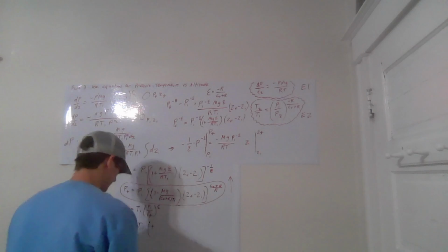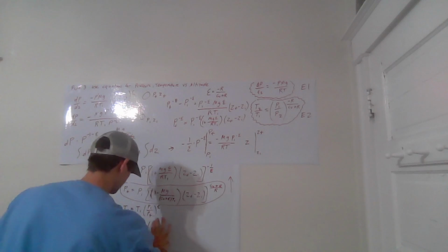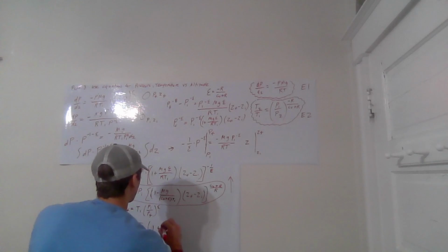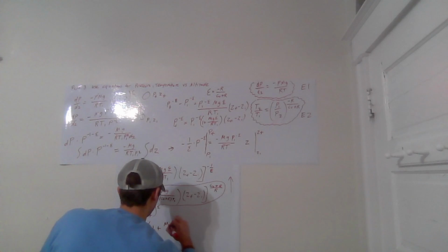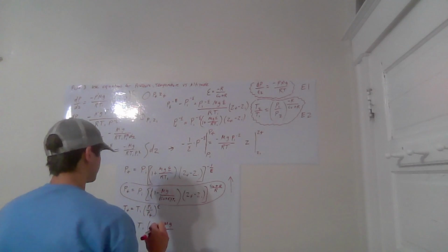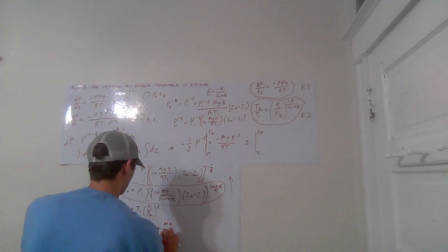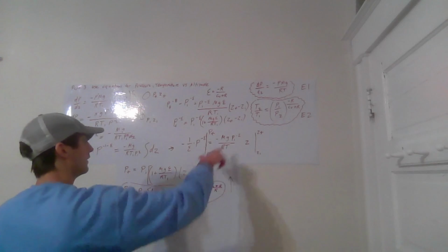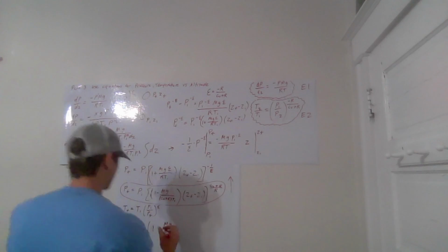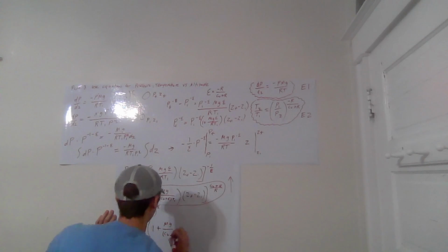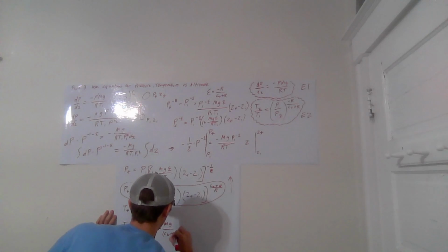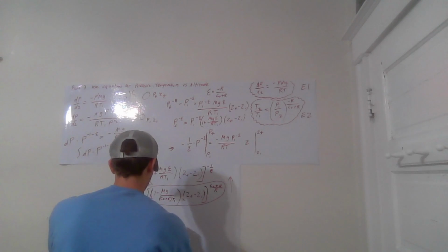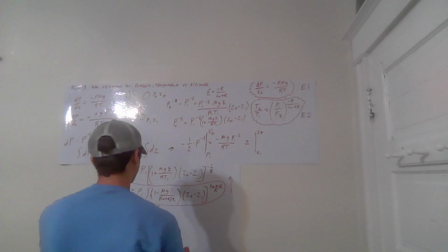Oh, oops. It's supposed to be 1. It's just going to be 1 plus mg over our R, which is going to cancel after we put in our epsilon. It's going to do the same thing that this did, so it's just going to be CV plus R times the initial temperature.